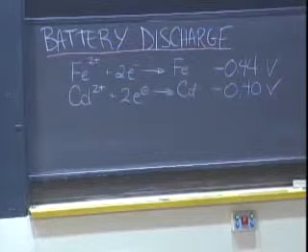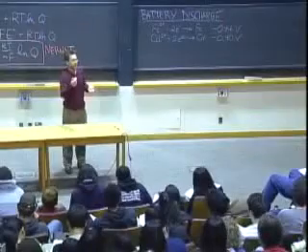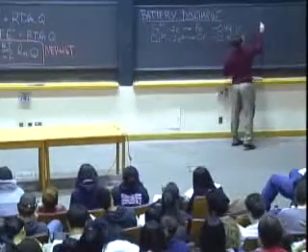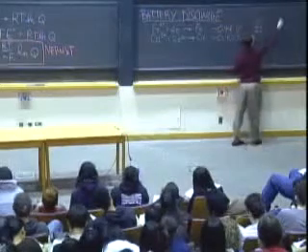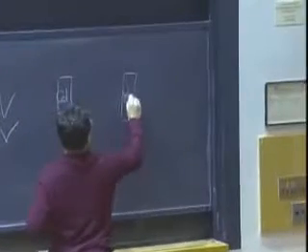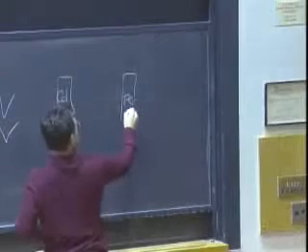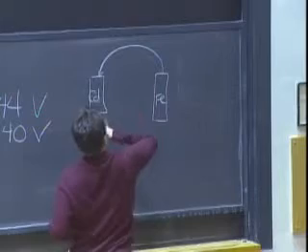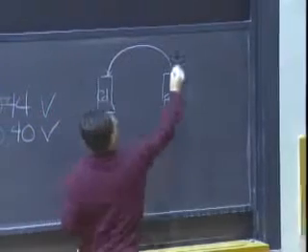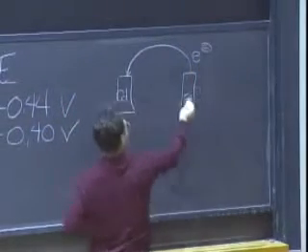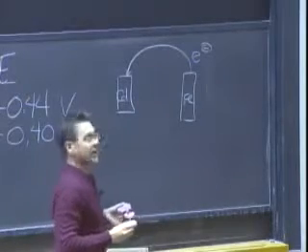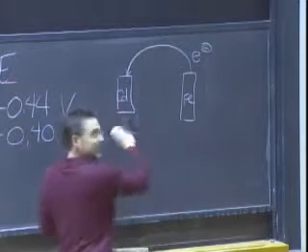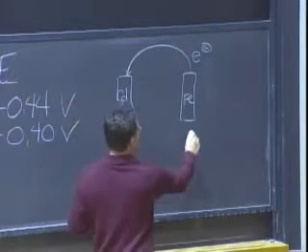And since iron is more negative, if we set this cell up with a piece of cadmium on one side and a piece of iron on the other side, then this piece of iron metal is going to be providing the electrons in this system in the spontaneous direction. So the electron flow in the external circuit will be from the iron metal electrode to the cadmium metal electrode, and things happen in solution as we've discussed, but that makes iron the anode.